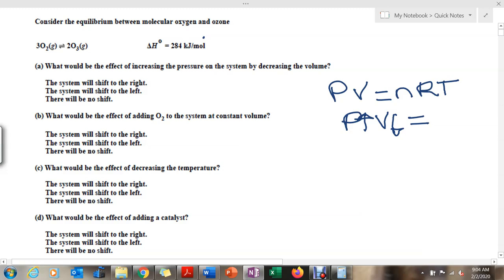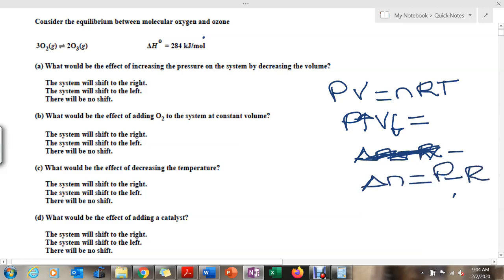That means that delta N is the difference in number of moles, and delta N is always the products minus the reactants. So if we increase the pressure, it will move to the least amount of moles.